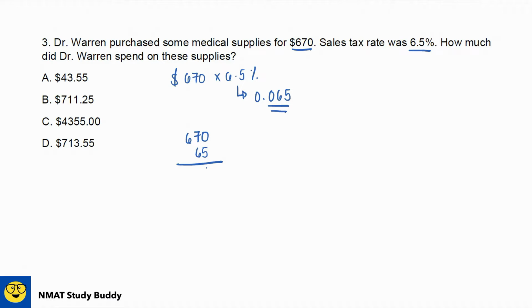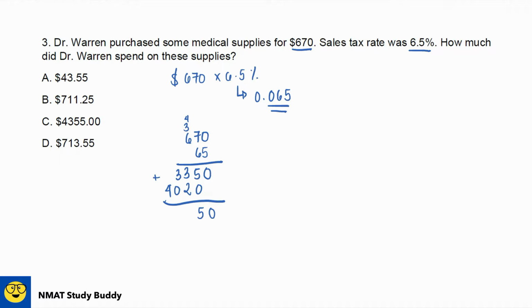So, 5 times 0 is 0. 5 times 7 is 35. And then, 5 times 6 is 30 plus 3, so 33. And then, 6 times 0, 0. And then, 7 times 6 is 42. And then, 6 times 6 is 36 plus 4. So, you have 40 here. And then, 0, 5.